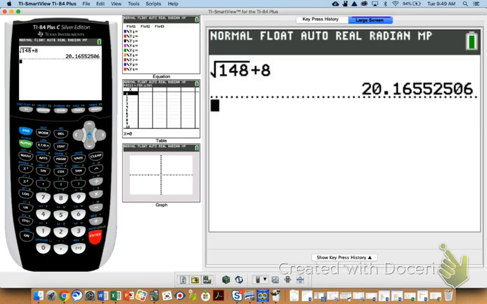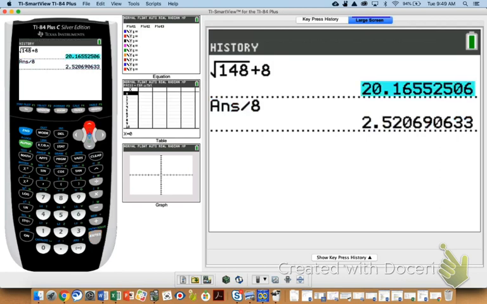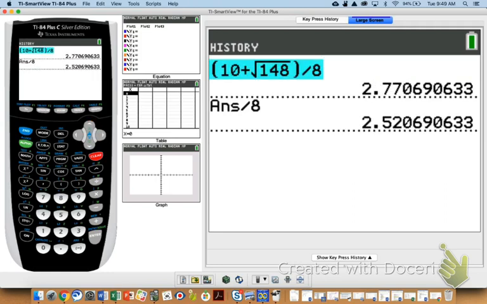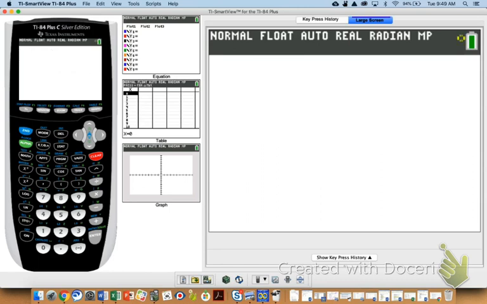Get that number and then divide that by 8. I put the wrong number in. There we go. Okay, so that's how you finish with the calculator. You get those two answers, we're in good shape. All okay? Okay.